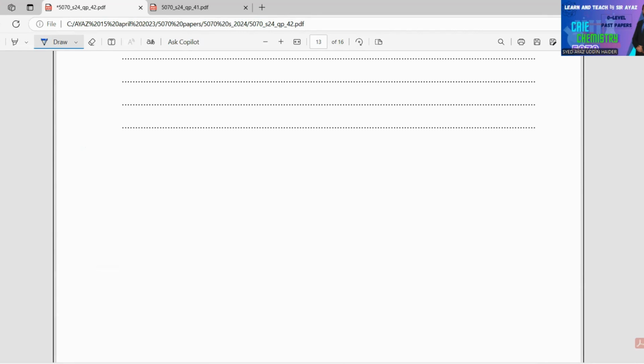You may have a conical flask. This is a conical flask. Remember, label the diagram. Test tube.